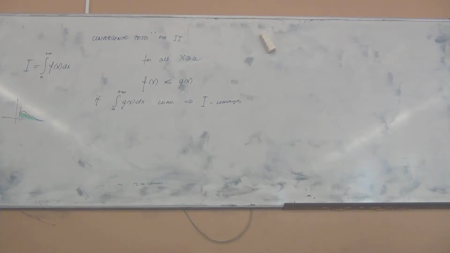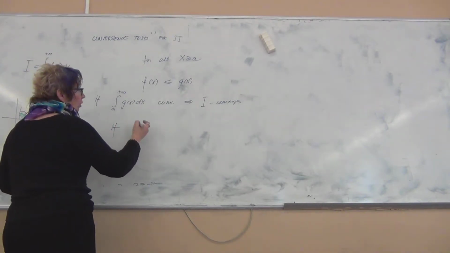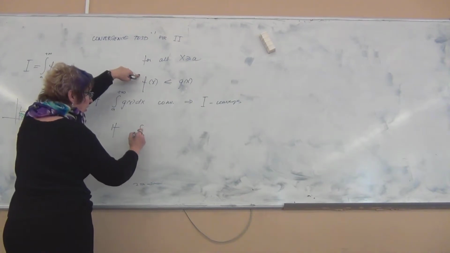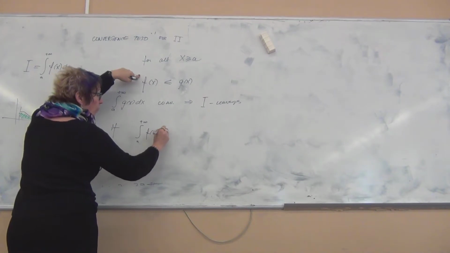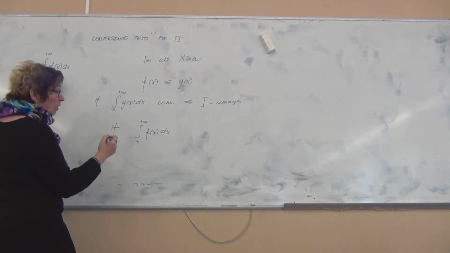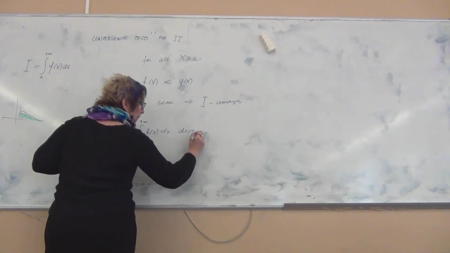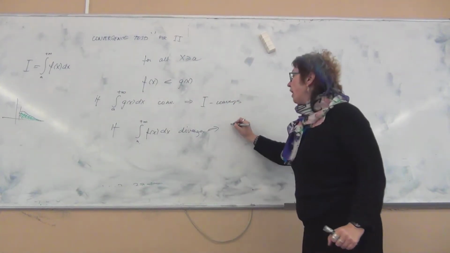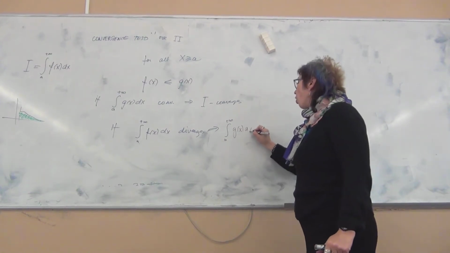By the way, we can do it the other way around. If the integral of the smaller function diverges, in this case it would be this one, the integral of f diverges, then obviously the integral of the greater function must also diverge.